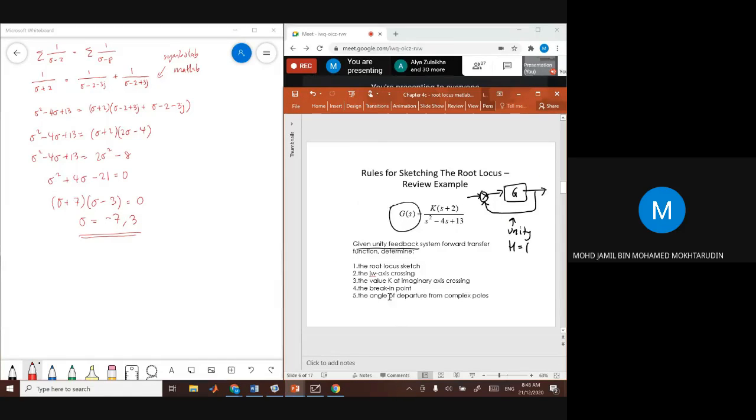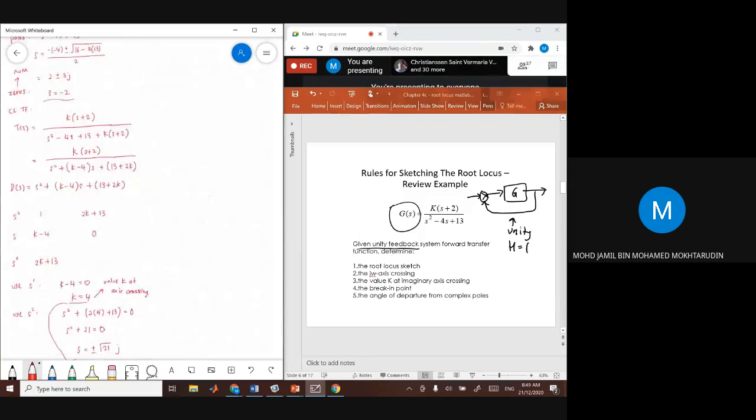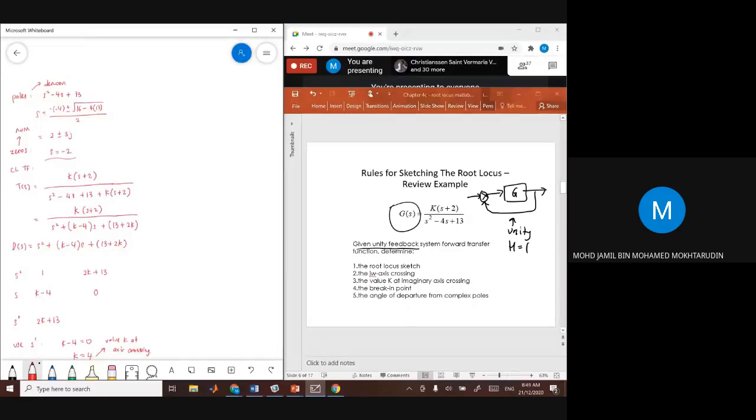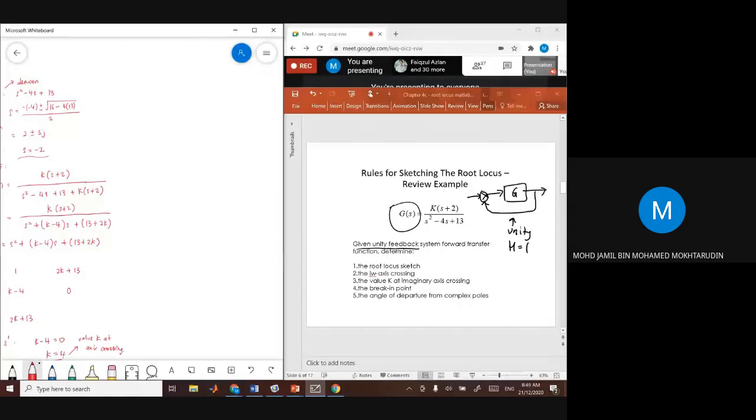And then the last question is determine the angle of departure from complex poles. Okay, so angle of departure is for complex poles only. So here our poles are 2 plus minus 3j. Okay, so let's try to find the angle of departure.